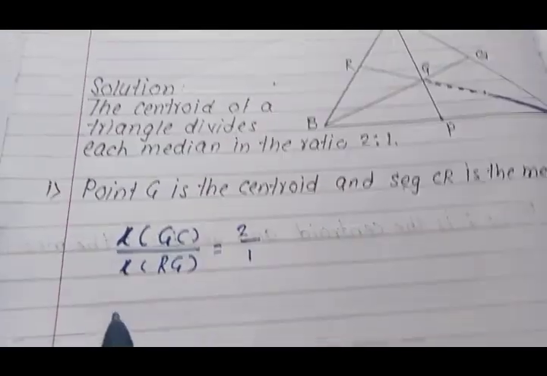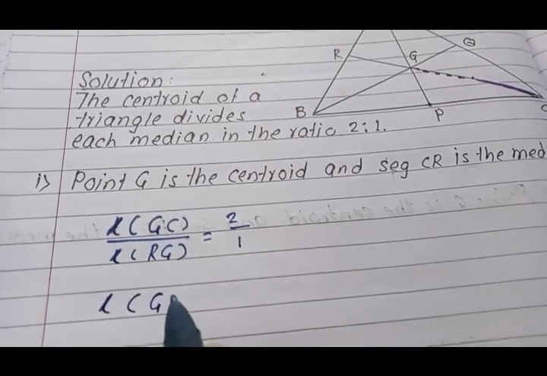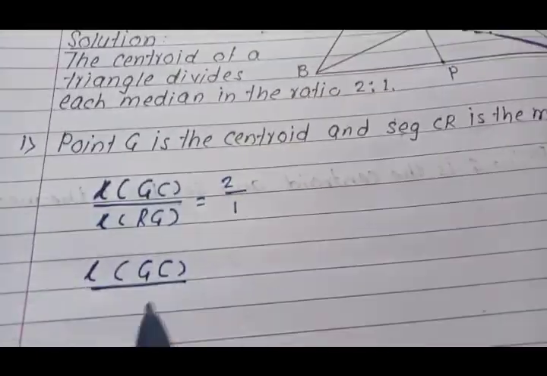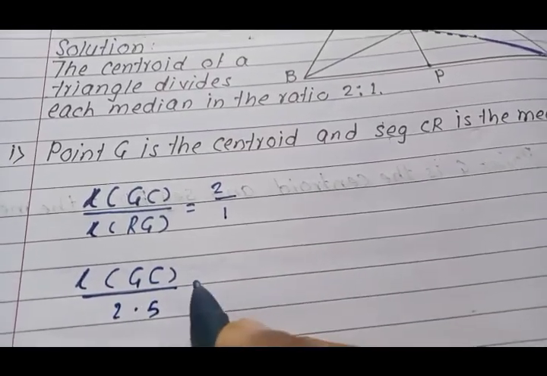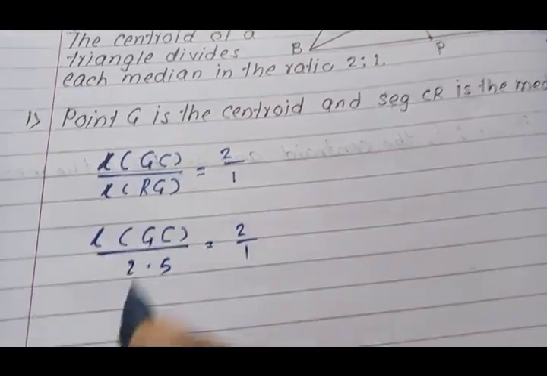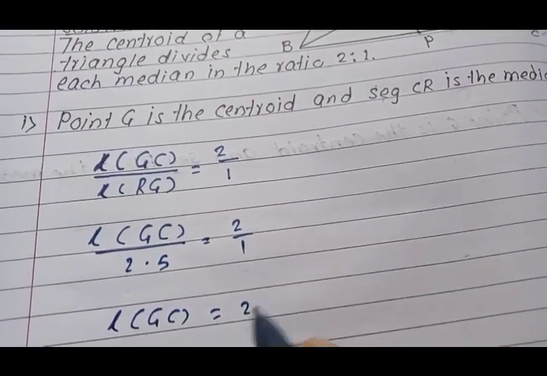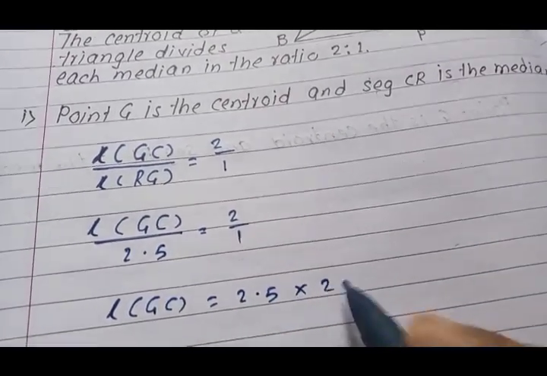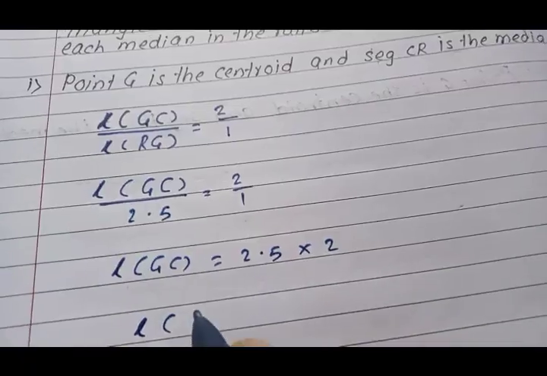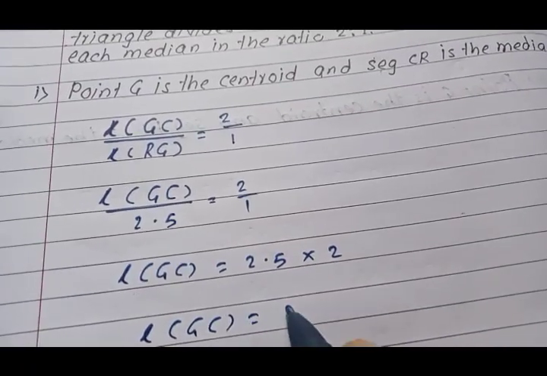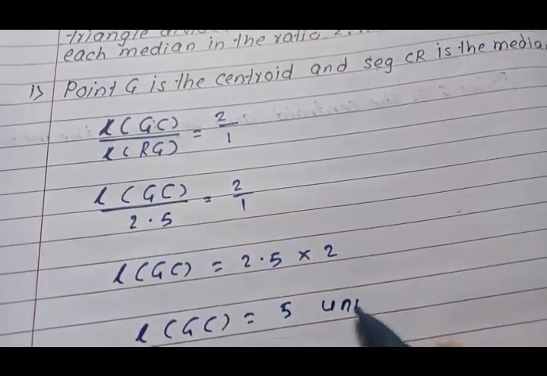Length GC upon RG, where RG is given as 2.5, equals 2 upon 1. Cross multiplying, length GC equals 2.5 into 2. Therefore, length GC equals 5 units.